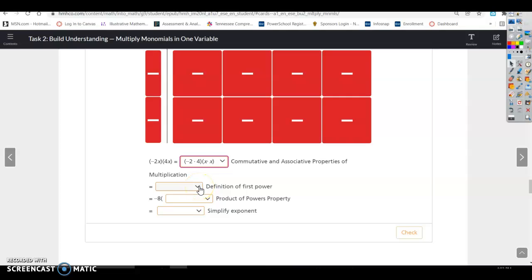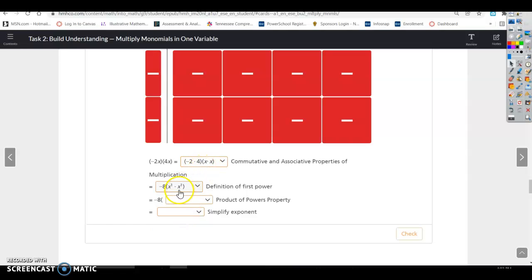Then, definition of first power, we can write this with ones. So negative 8. And that is a product, so it continues to be a product. And so we have negative 8, product of powers. That means we add our exponents together, and then we simplify, so negative 8x squared.